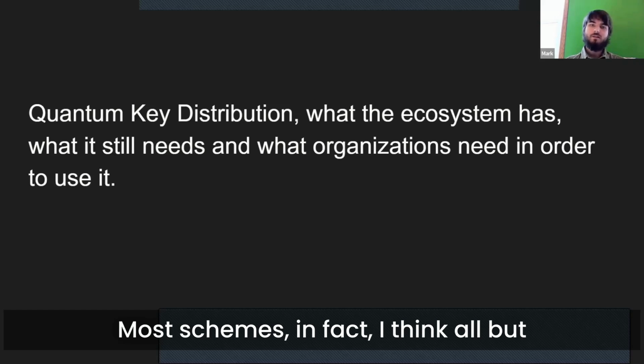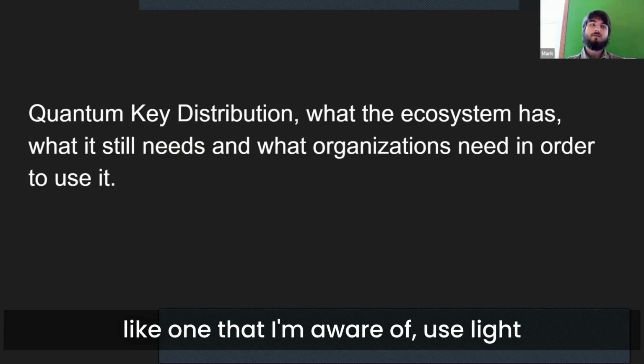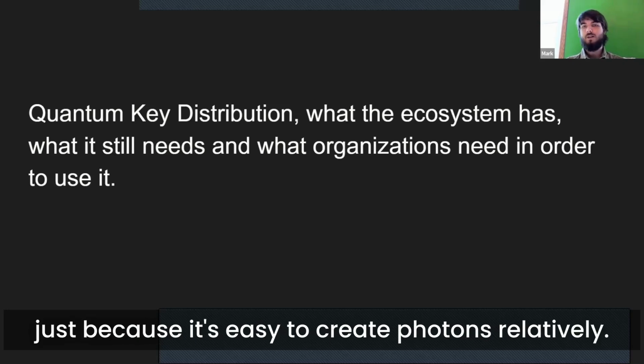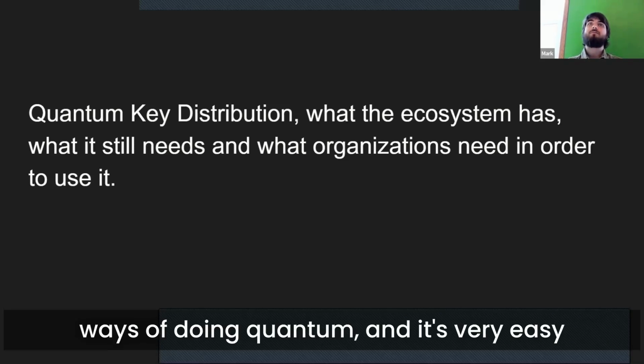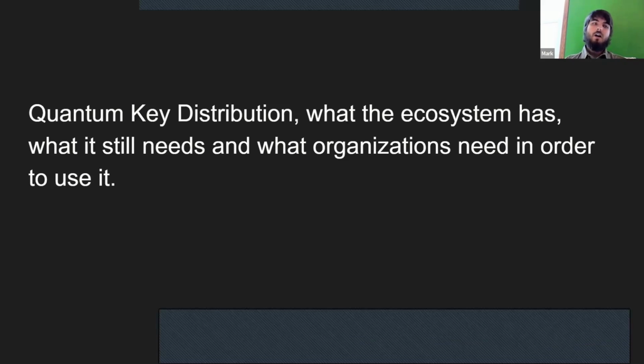Most schemes, in fact, all but one that I'm aware of, use light, just because it's relatively easy to create photons. There's not much noise compared to other ways of doing quantum, and it's very easy to get them to move around.